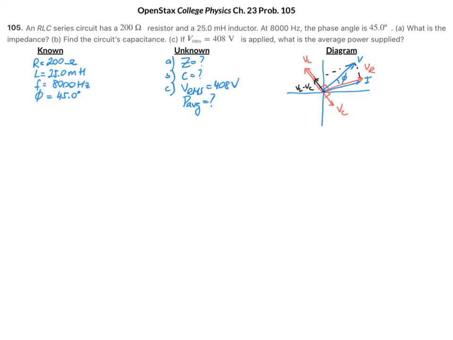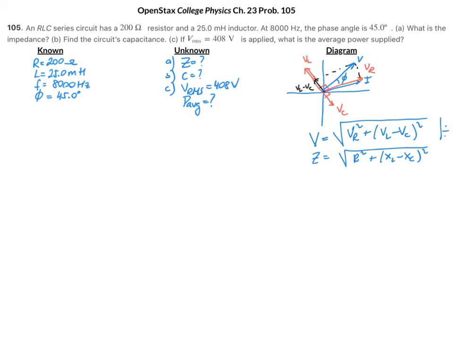So when I write that my voltage is square root VR squared plus VL minus VC squared and divide both sides by the current, then I have impedance is square root R squared plus XL minus XC quantity squared.